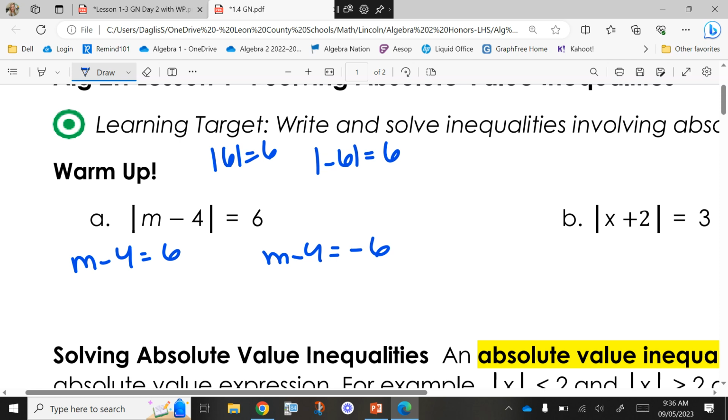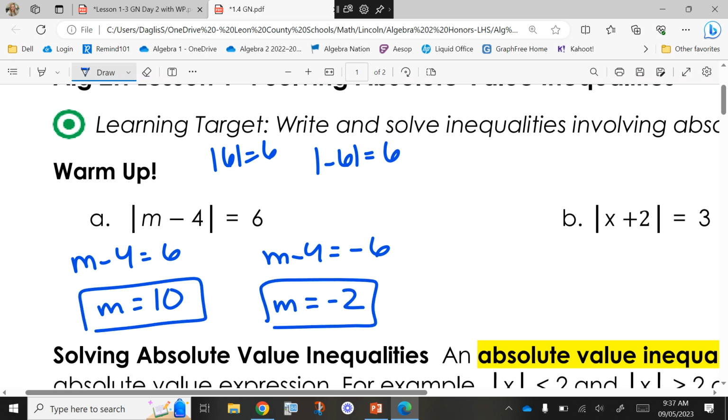Both of these cases, you should add 4 over. Over here, 6 plus 4 is 10. Over here, negative 6 plus 4 gives you negative 2. So absolute values will have two solutions, which again, doing some throwback connection here, solving for variables like this, you're solving where your graph crosses the x-axis. So would it make sense that your V crosses the x-axis at two spots?